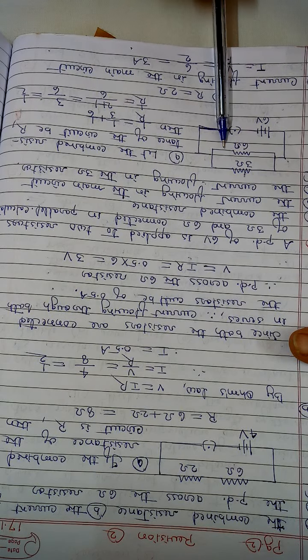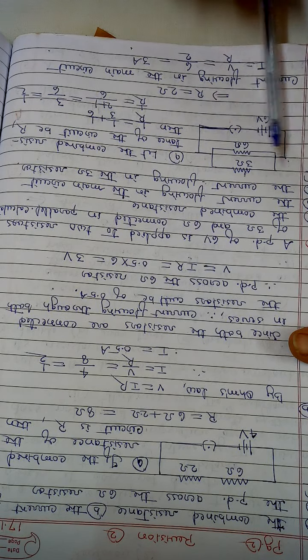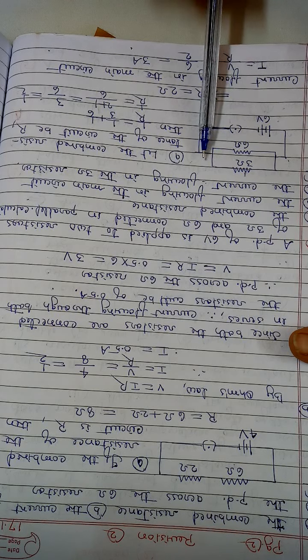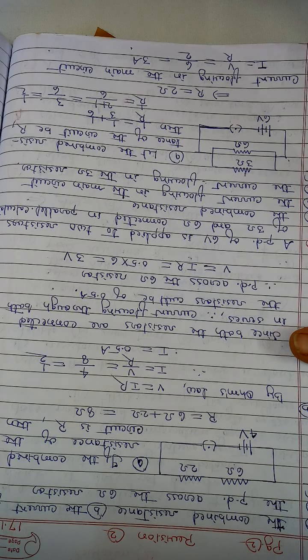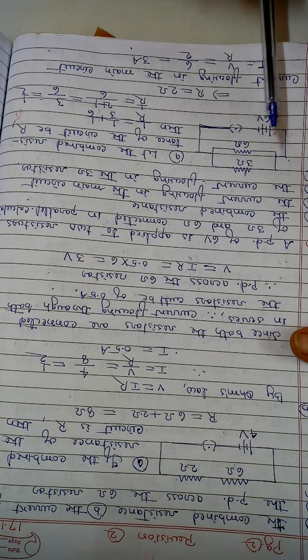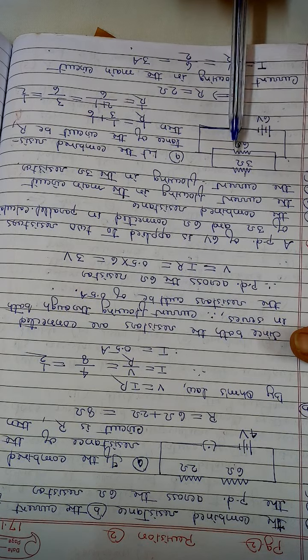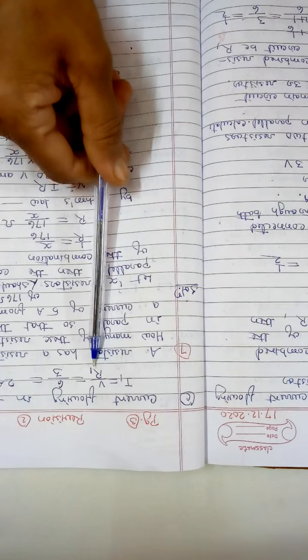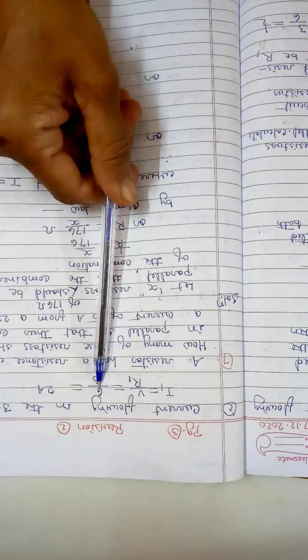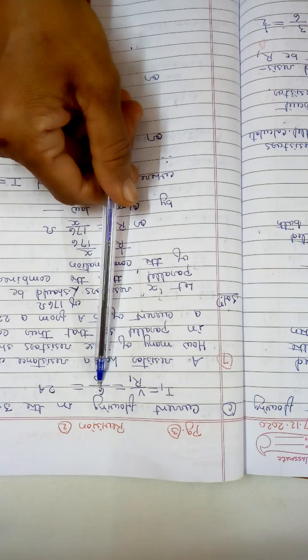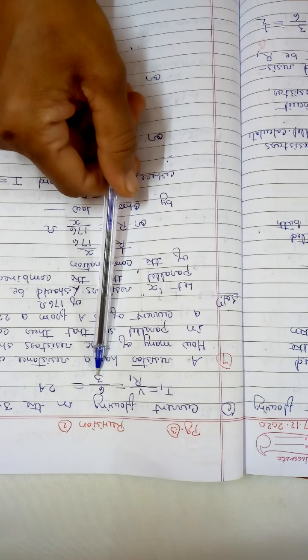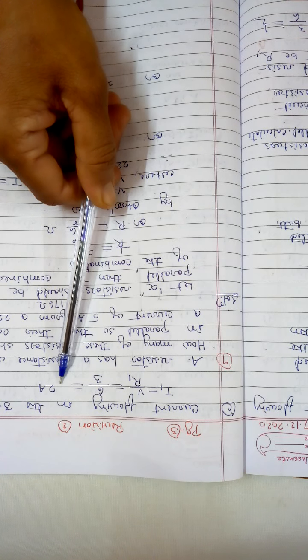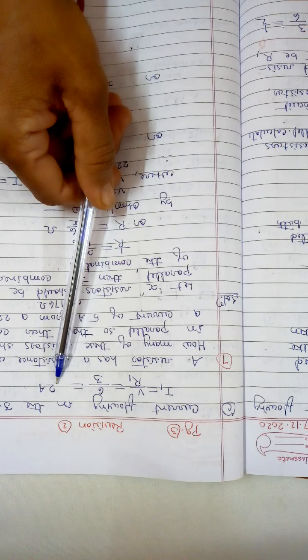Because it's a parallel combination, the potential difference will be the same across the ends of both the resistors, but the value of current will be divided between these two. So I1 equals V upon R1. V, that is the potential difference, is 6 and R1 is 3, which gives us the current flowing through the 3 ohm resistor as 2 ampere.